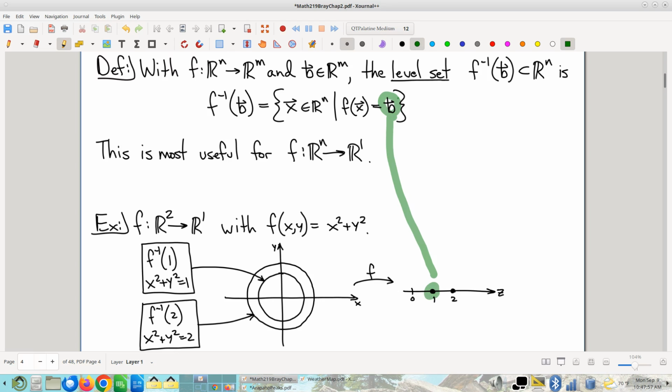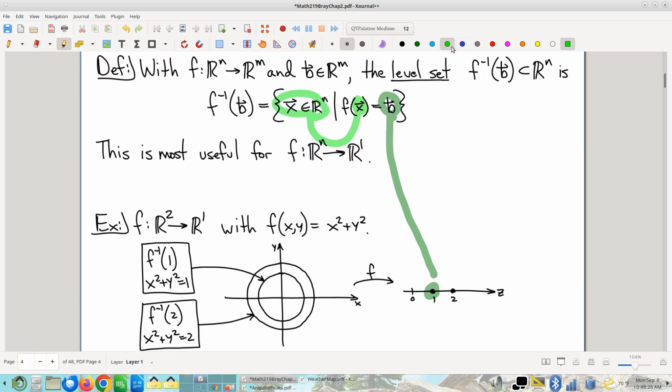Whatever output value you pick, we're going to look for all of the corresponding inputs, the pre-image, you may recall that term from last week. We're going to look for all of the input points that, when you put them in, give you the selected output. And you can write this down with an equation.